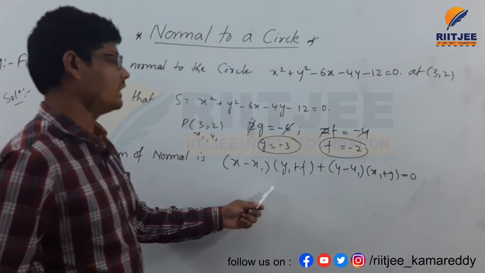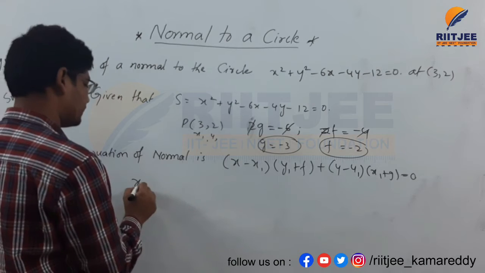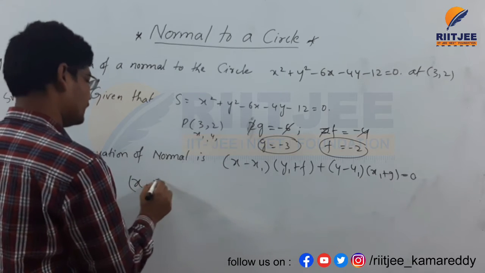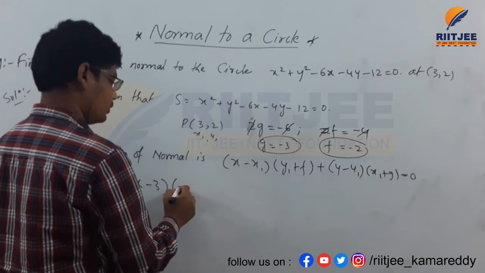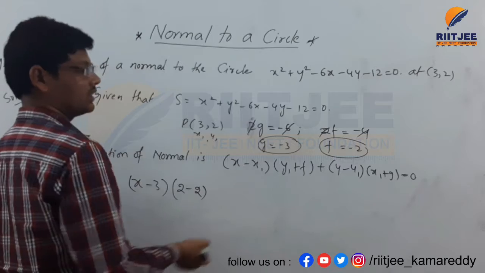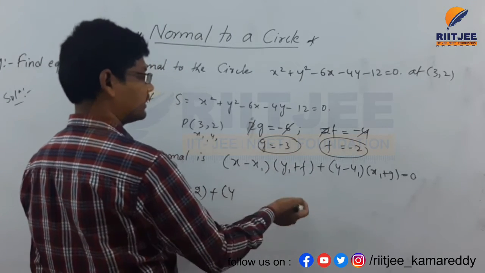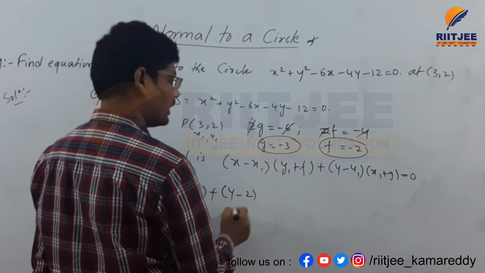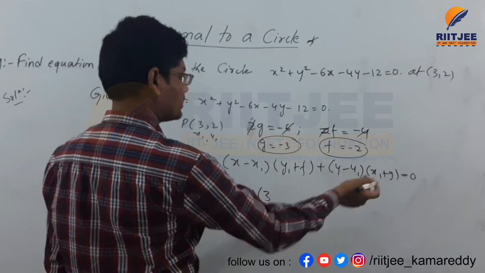Let's substitute g, f and x1, y1 values in this expression. x minus 3 into y1, which is 2, plus f, which is minus 2, and plus y minus y1, which is 2, and x1 is 3 plus g, which is minus 3.